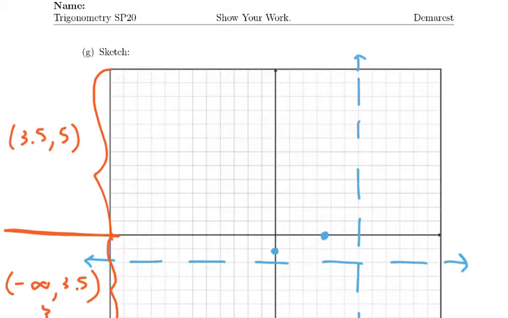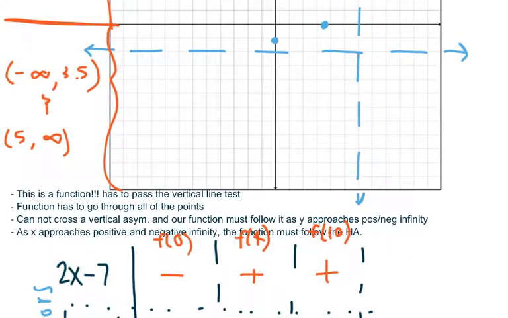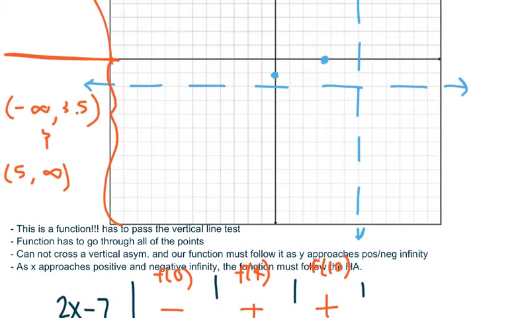So let's work from left to right following these 4 rules in our sign chart and graph this thing. So again, from negative infinity to 3.5, I know I'm below the x-axis. But I also know I have to hit these 2 points here, right? And I know that I have to follow this asymptote, right?